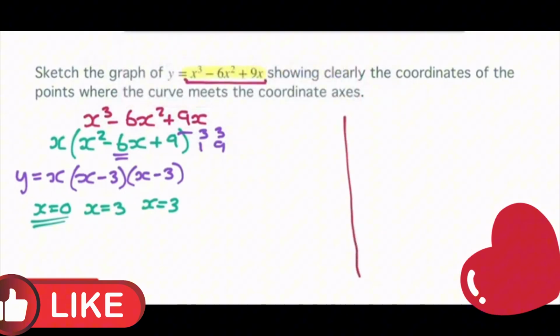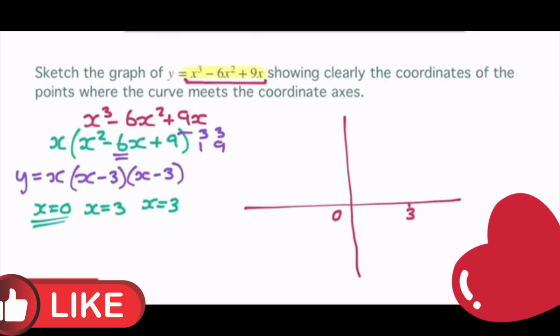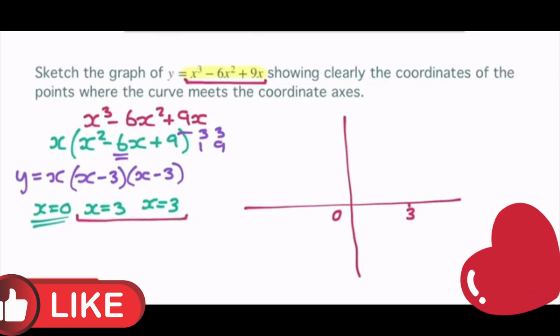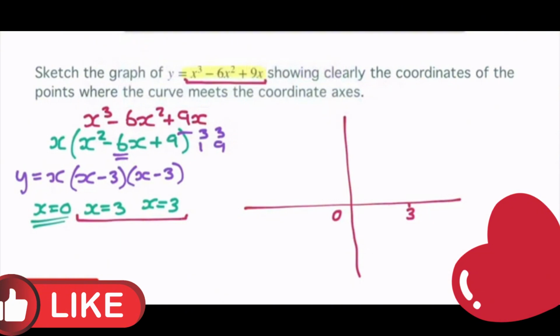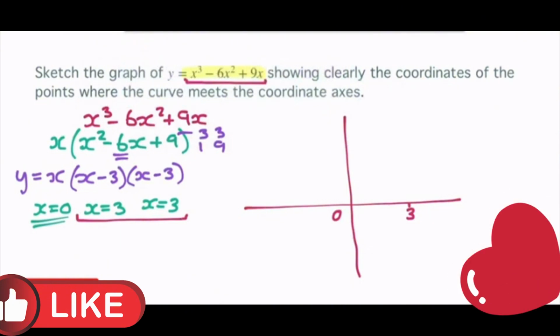So draw your axes, it's positively sloping, it goes through 0 and it goes through 3. And it's just going to touch on 3 as well, as we've got those two solutions here of 3. So in actually just drawing that, and not forgetting this isn't the nicest one to be fair, because we've got two solutions at 3, so you just need to watch out obviously the fact that it's sloping up.